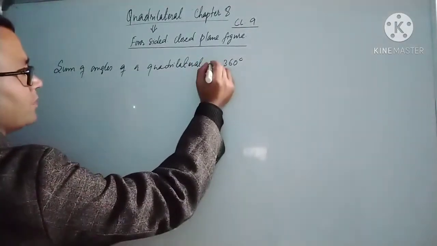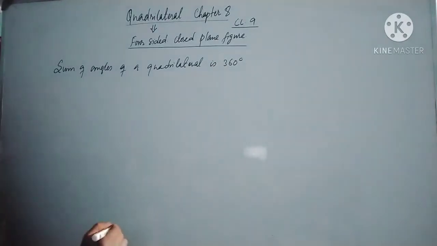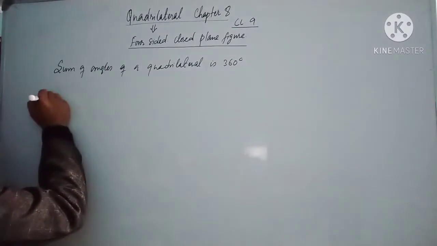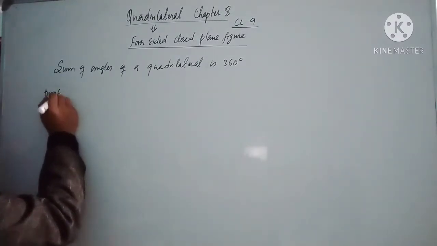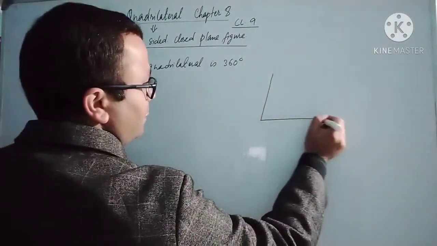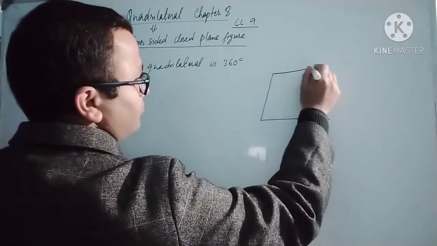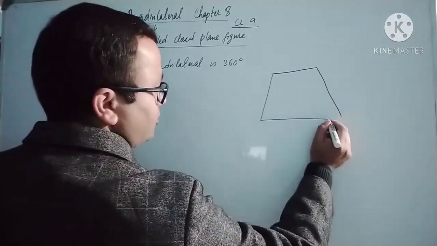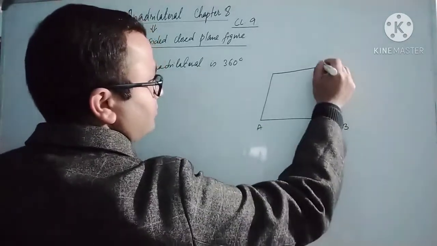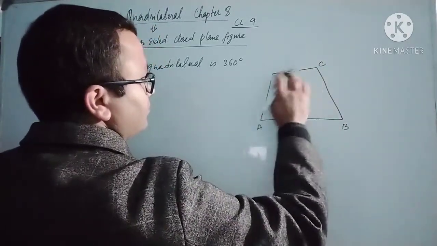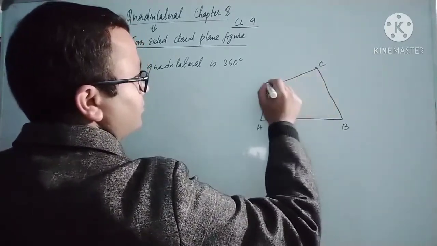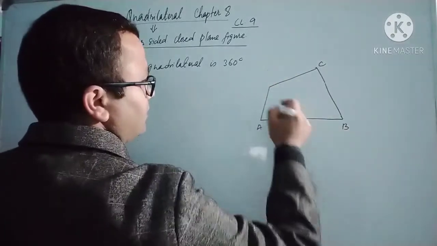Now we need to prove that the sum of all the angles of a quadrilateral is 360 degrees. Now in the proof, we'll take one quadrilateral ABCD.